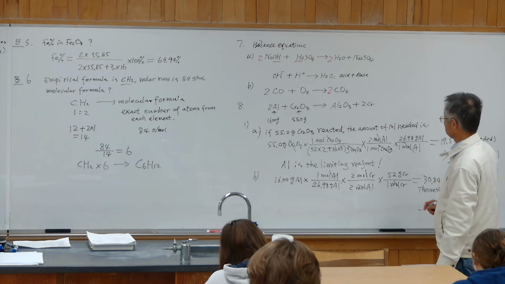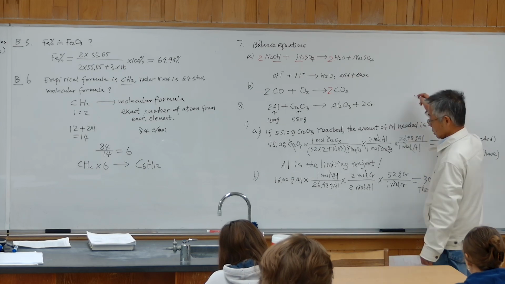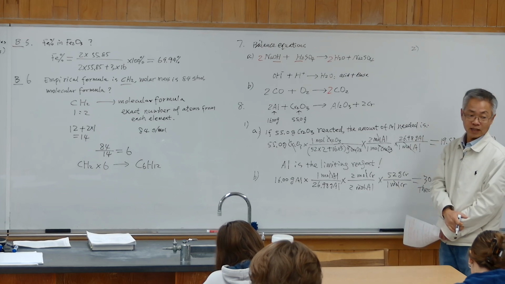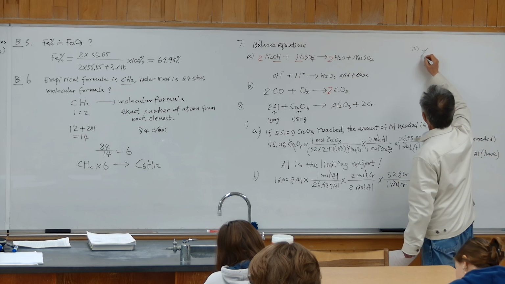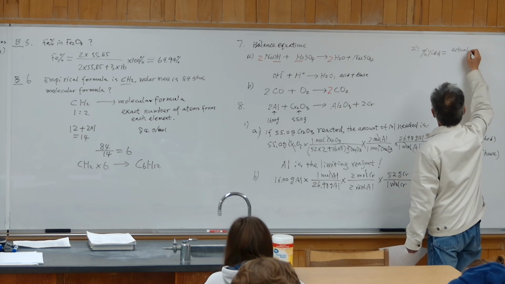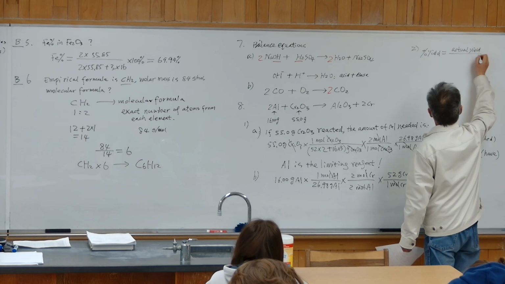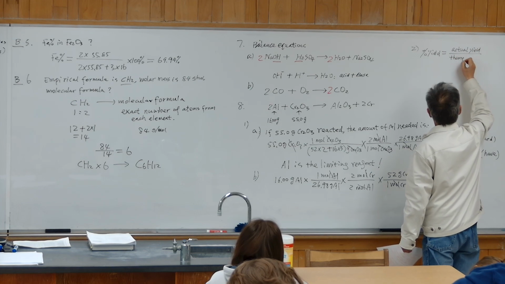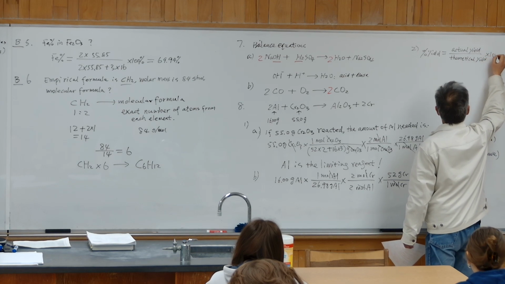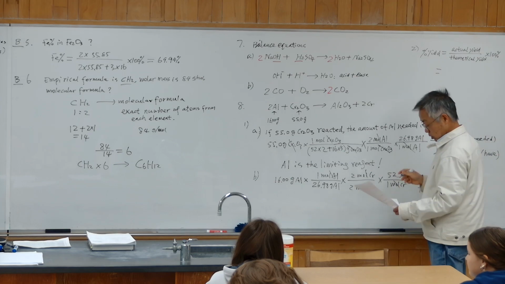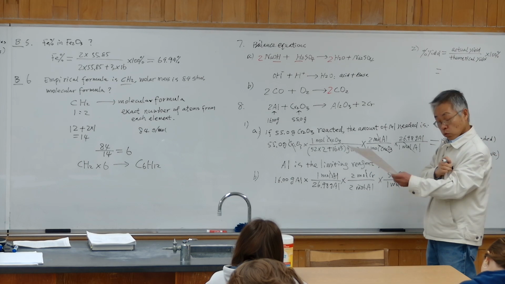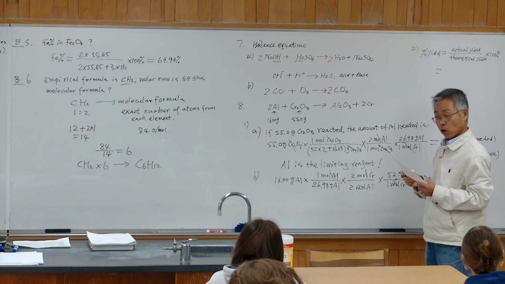Then we don't have enough space. Let me write here, okay? Then percent yield. Percent yield is actual yield divided by theoretical yield times 100%, right? Actual yield, I always tell you, is when you run the experiment and collect the product.